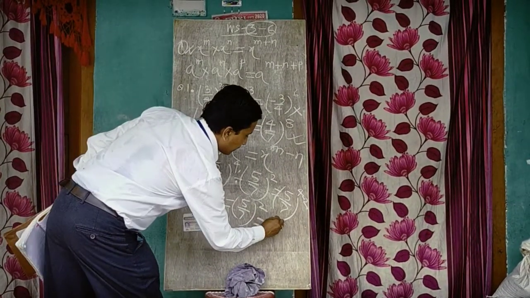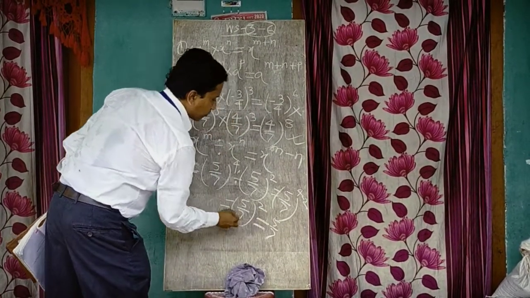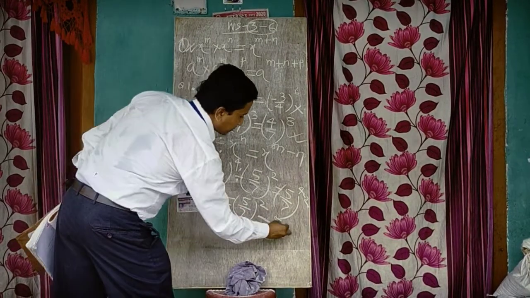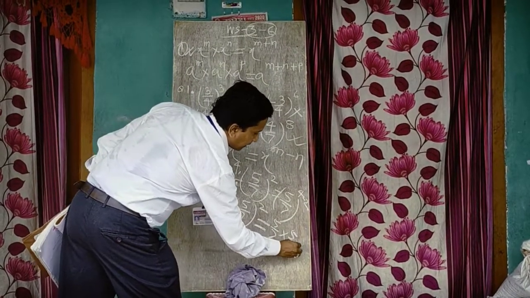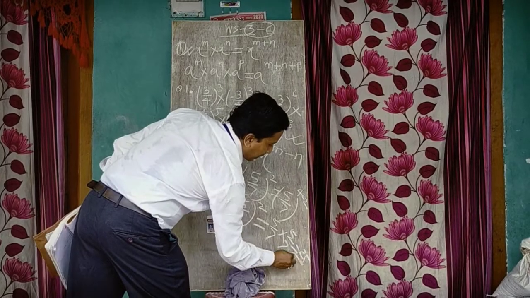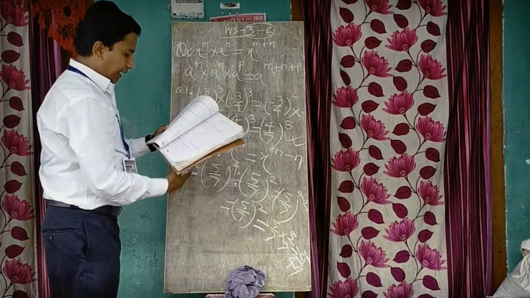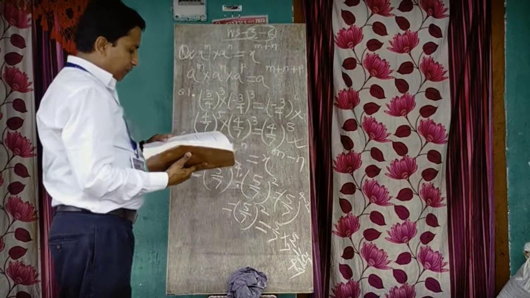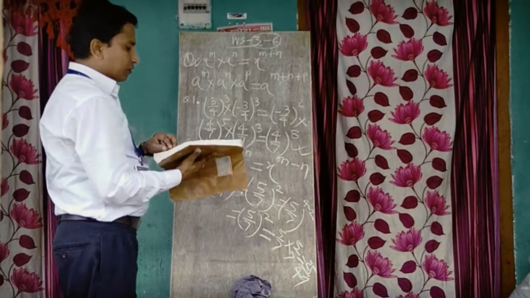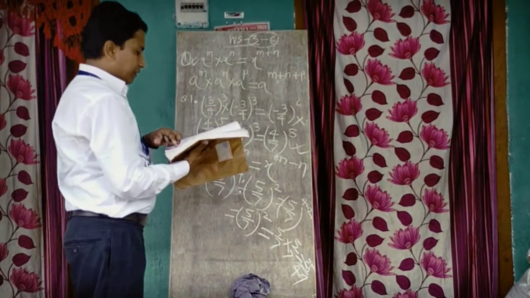The power is 2, so multiply 5/7 two times: 5/7 into 5/7 equals 25/49. With the help of this, you can easily solve worksheet 3.